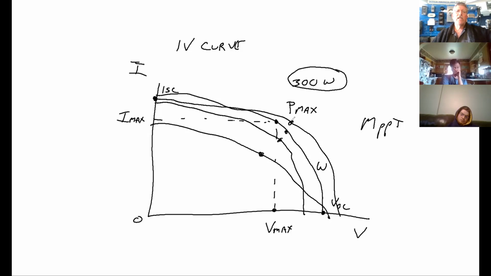And those changing conditions might actually mean that the panel's producing more watts. Like this one might be 310 watts if it got colder. So that MPPT is very important to switch things around and change things so that you're always operating at the maximum power point.